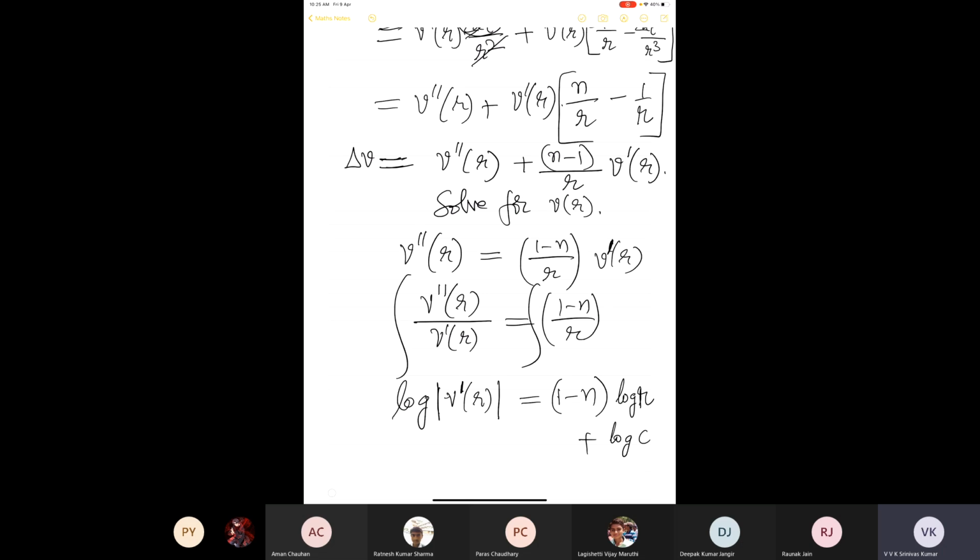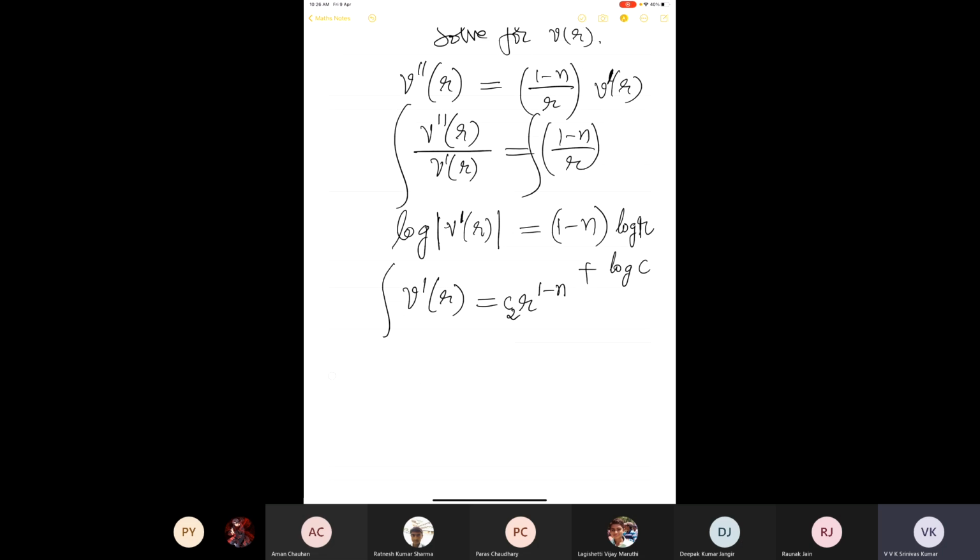So now if you take out the logs, v prime of r is equal to r power 1 minus n into a constant. Let us call this constant c.